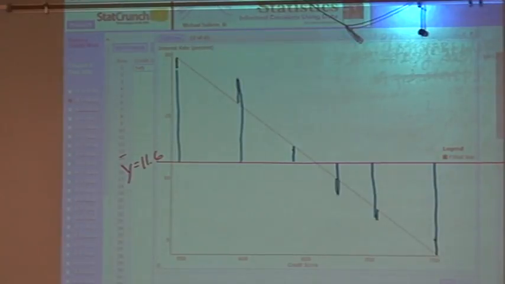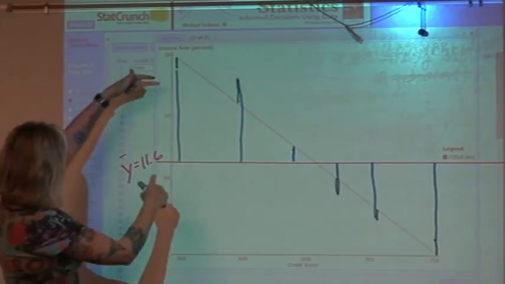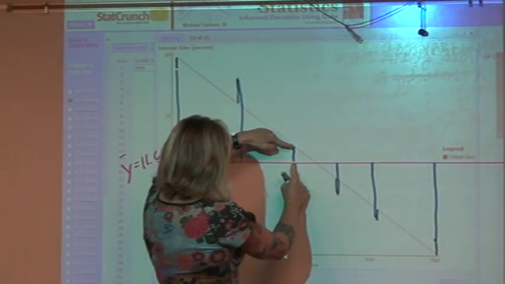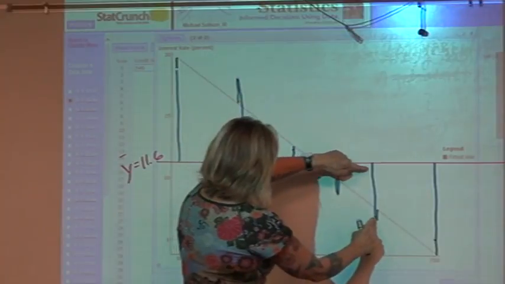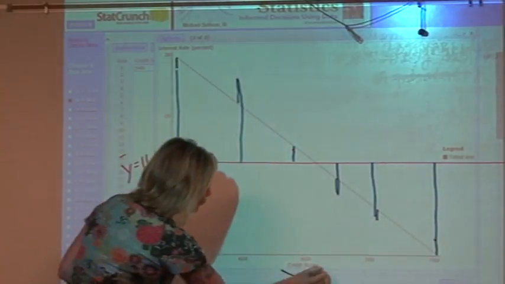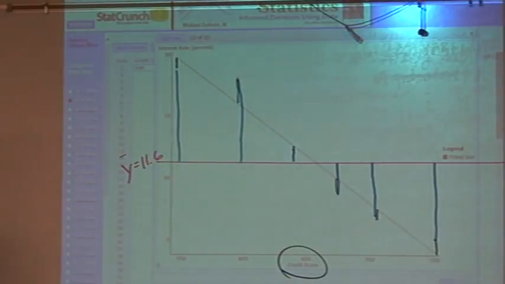So the coefficient of determination tells us the percentage of this total blue distance that we're able to eliminate by bringing credit score in and predicting interest rate also using credit score, as opposed to just the average interest rate.